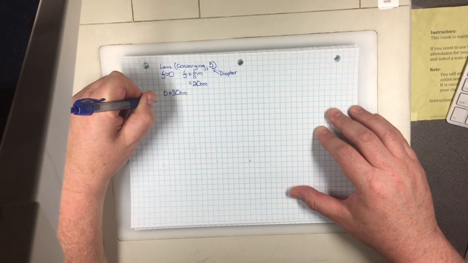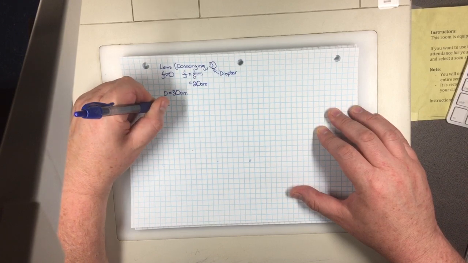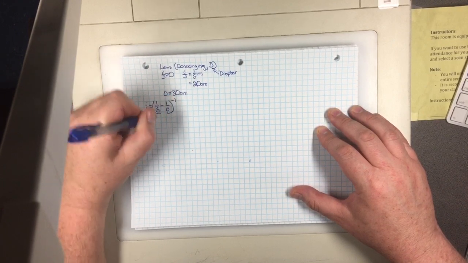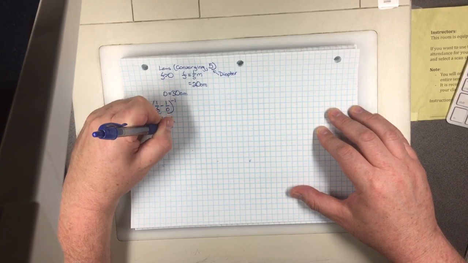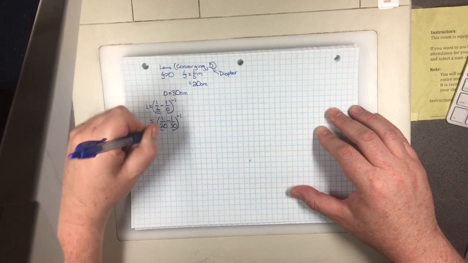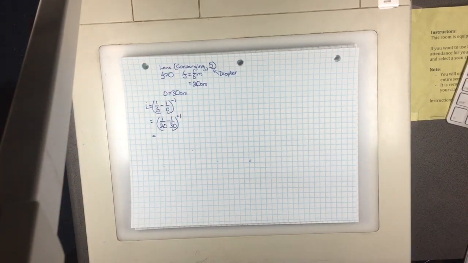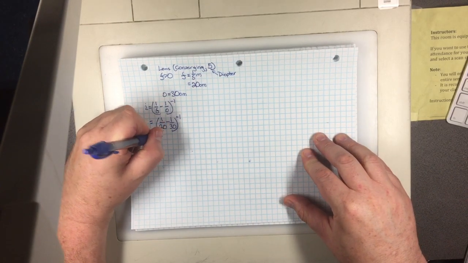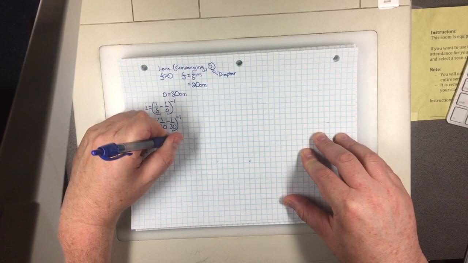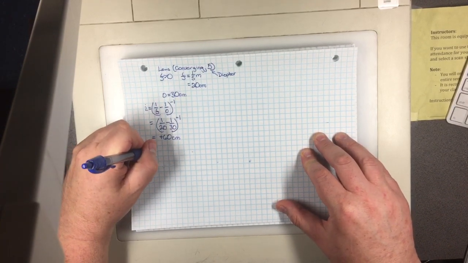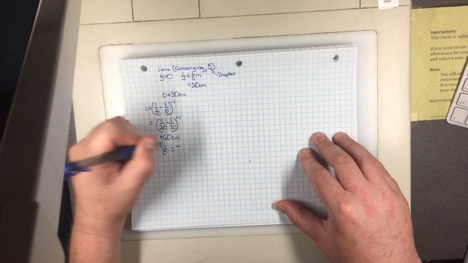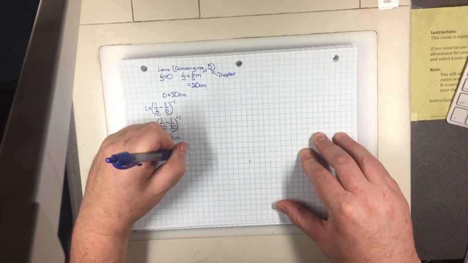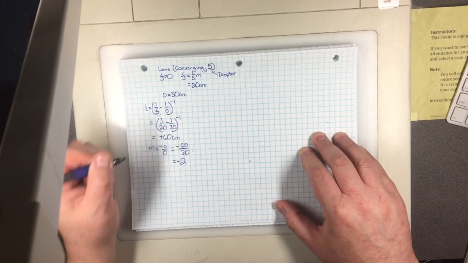So image distance is 1 over F minus 1 over O, inverted. This is 1 over 20 minus 1 over 30, inverted. And that should give me positive 60 centimeters. And the magnification, negative I over O, is negative 60 over 30, or negative 2.